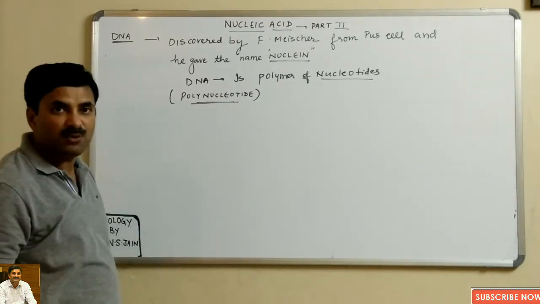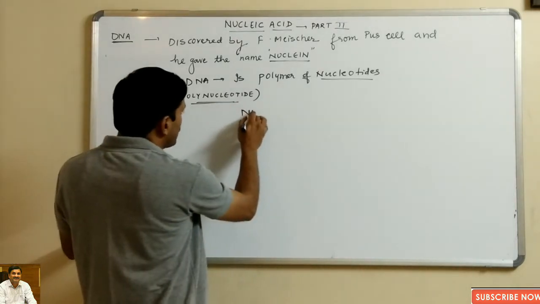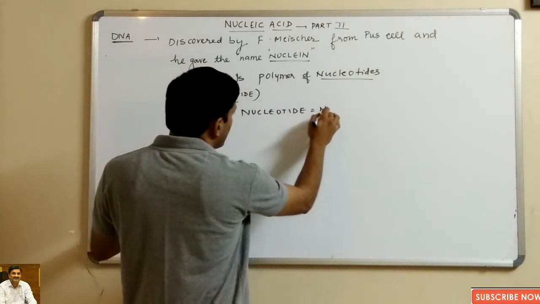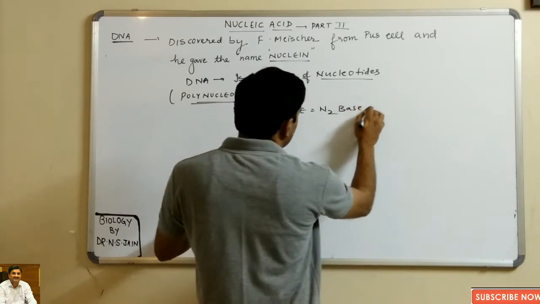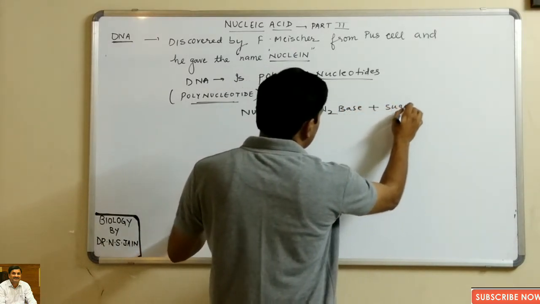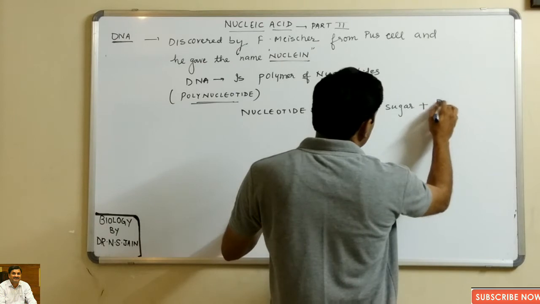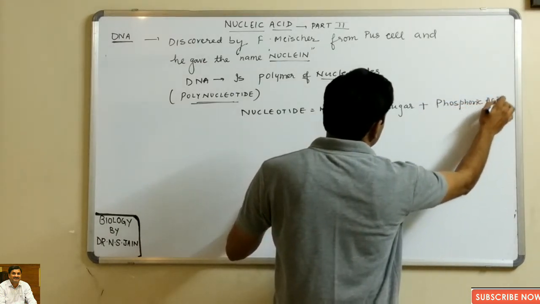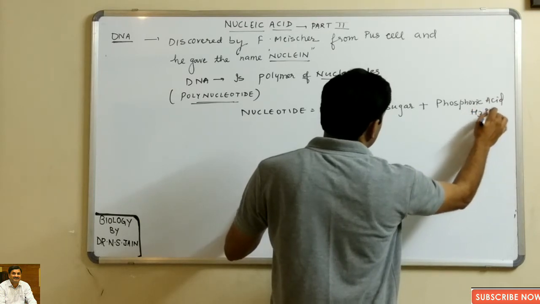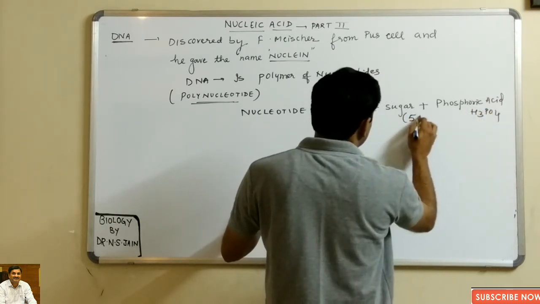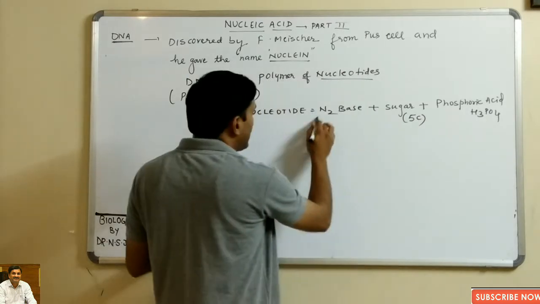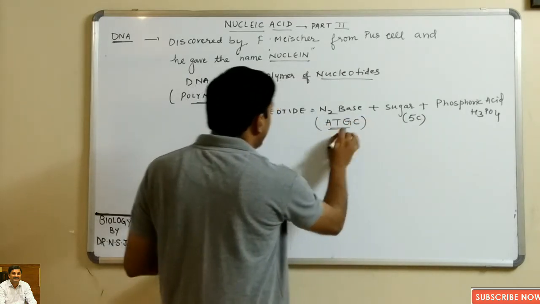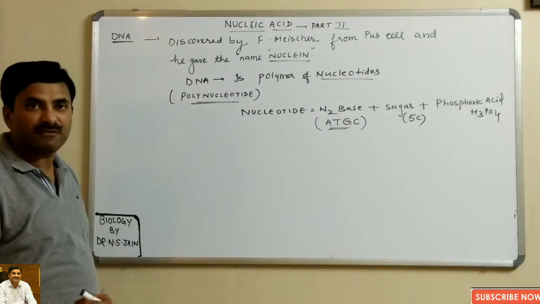And you also know that a nucleotide consists of nitrogen base plus sugar plus phosphoric acid, that is H3PO4, and the sugar in the case of the DNA is 5 carbon, and the nitrogen bases in the DNA are A, T, G and C. So a nucleotide consists of these three.